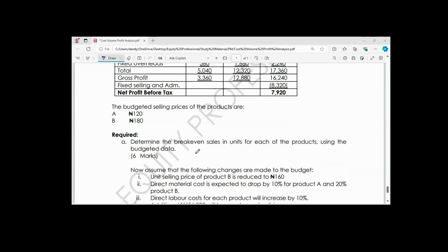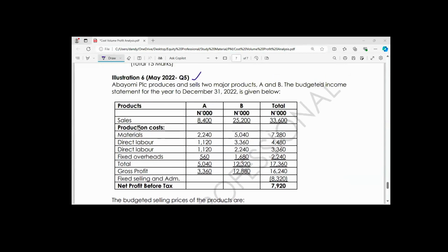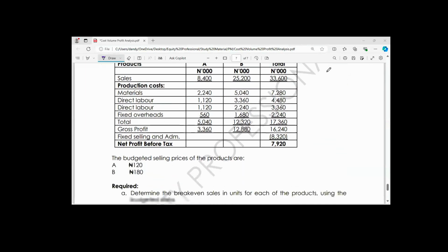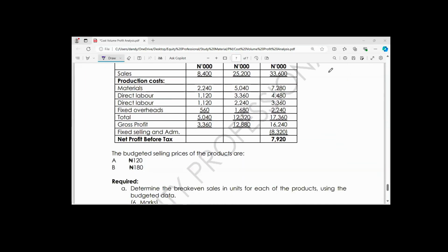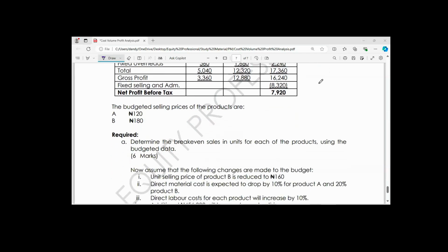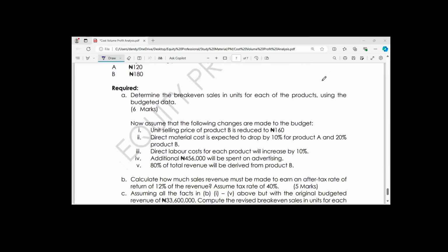Illustration 6. Abayomi PLC produces and sells two major products, A and B. The budgeted income statement for the year to December 31st, 2022 is given below. The budgeted selling prices of the products are A, 120, B, 180. Required: A, determine the break-even sales in unit for each of the products using the budgeted data.